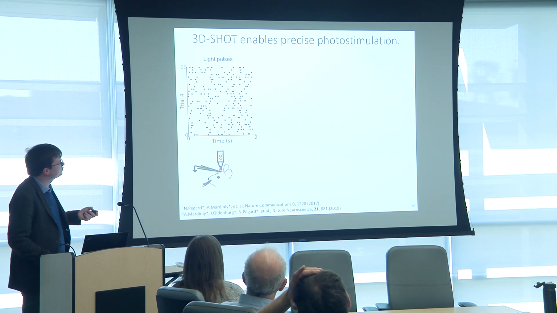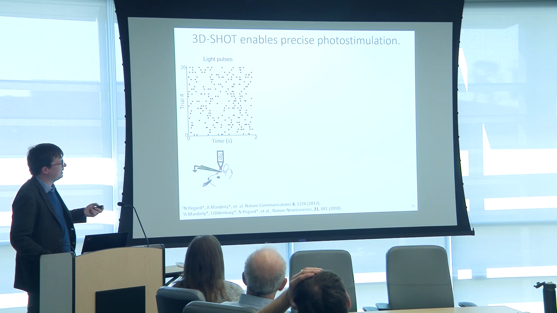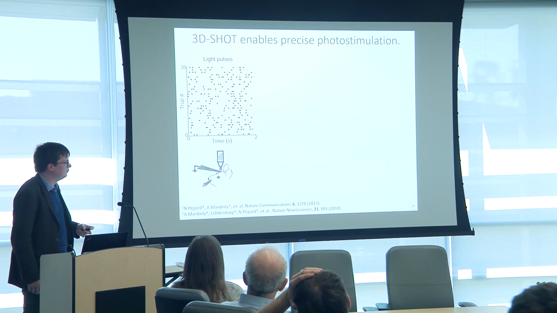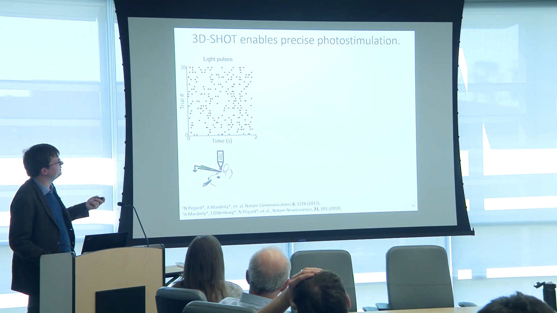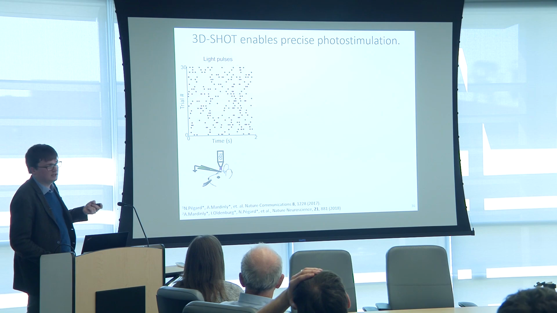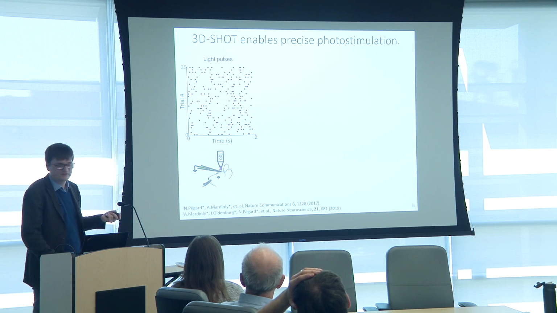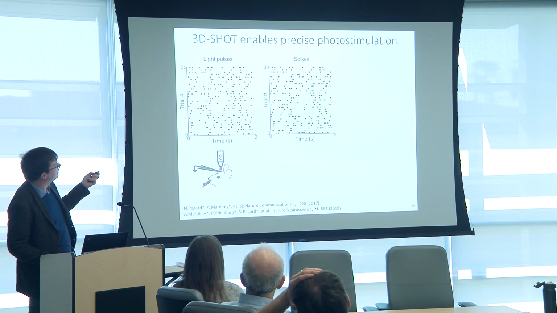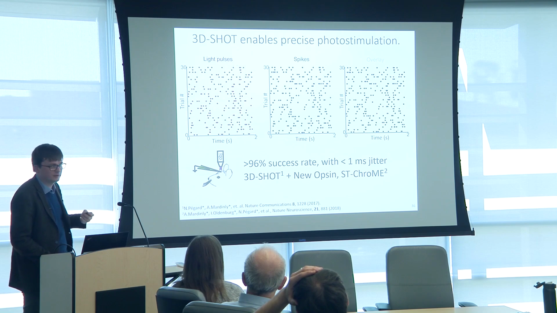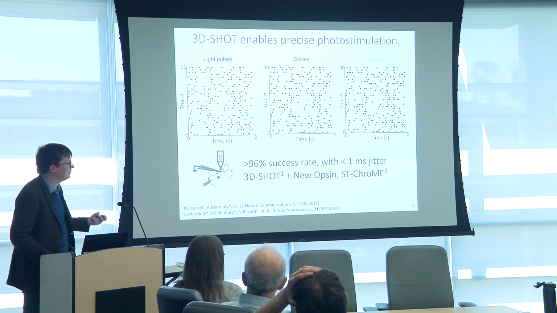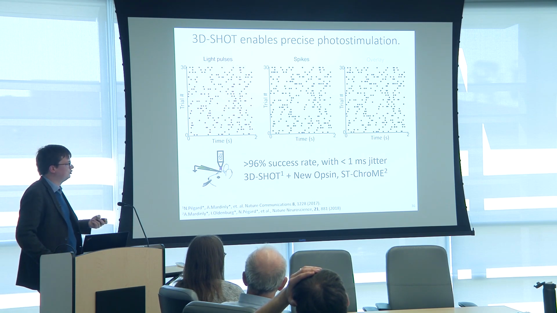So the technique was really designed in a lab that has extensive capabilities, and the team I work with is really focused on all the aspects. So we designed this technique in combination with an opsin that can operate fast. So they developed this opsin where if you test it, for instance, on those light pulses, it gives you those spikes, with less than 1 millisecond jitter, so very strong photocurrents and very, very good reproducibility.